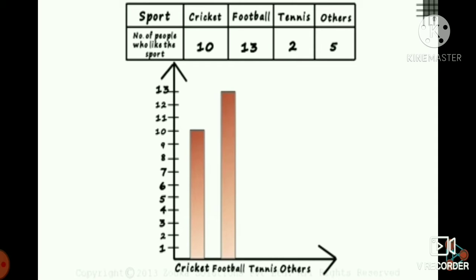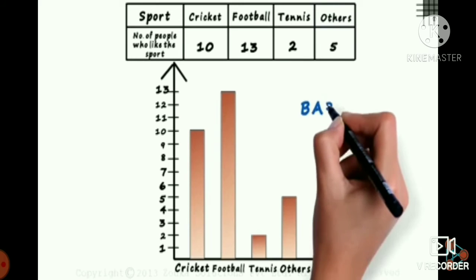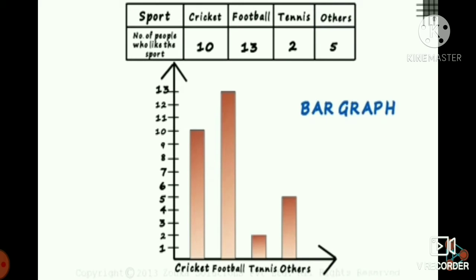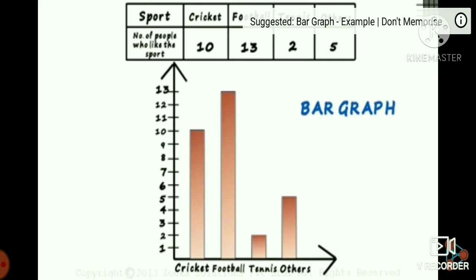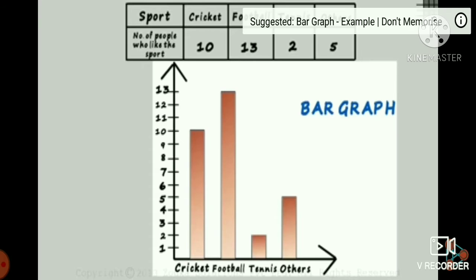Use the unit of the distance: 1 to 2, 2 to 3, 3 to 4, right? Cricket is 10, football is 13, tennis is 2 and others is 5. By using this table, we draw the bar graph.